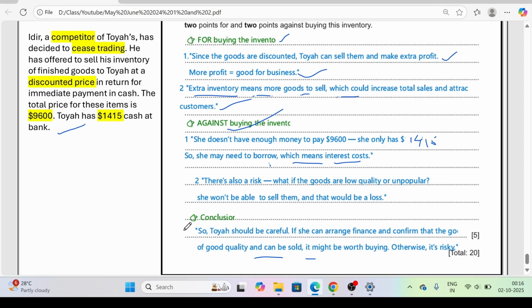In all questions, if evaluation is there, you must write a conclusion. While writing the conclusion, please add "as per my view" or "according to me". Toya should be careful if she can arrange finance and confirm. Like that you have to start and end with the good points. Then only you can score full marks.